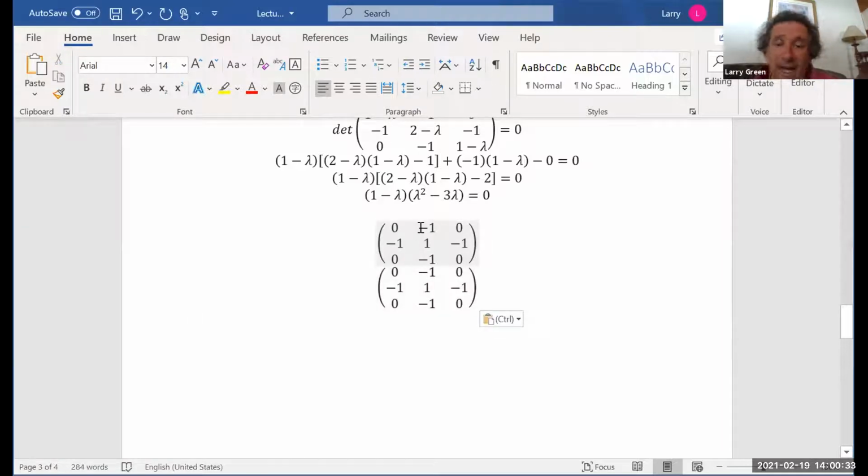So now we're going to take -1 times row 1, add it to row 3, and replace. That becomes a 0. Let's switch the rows.